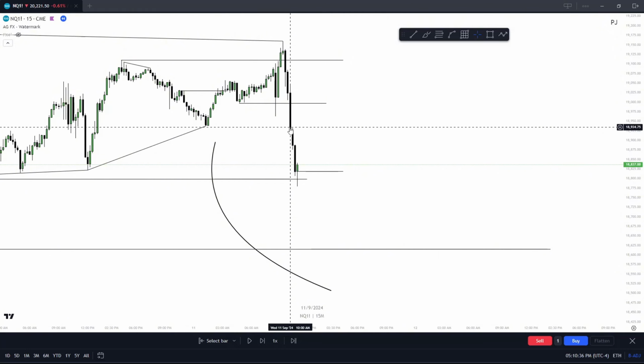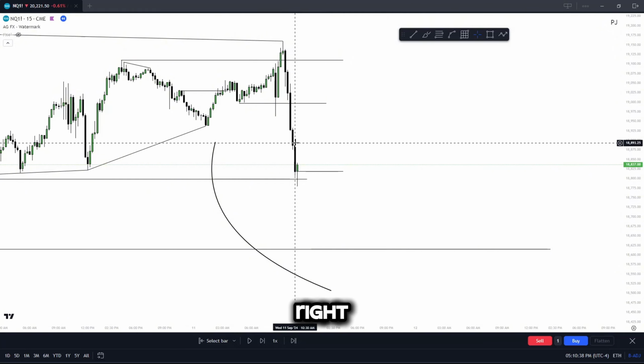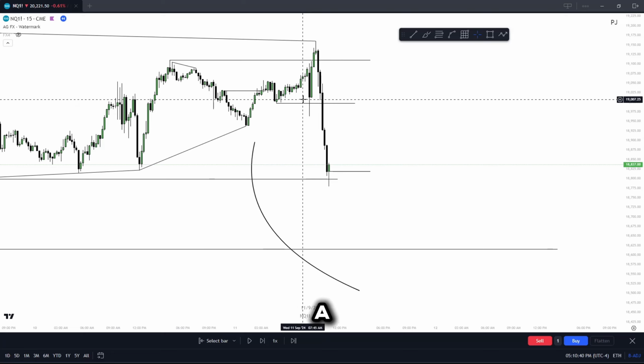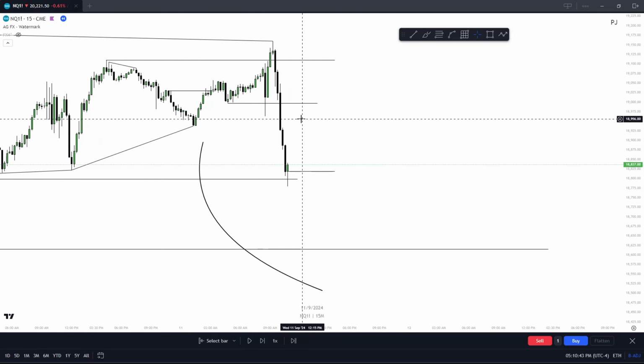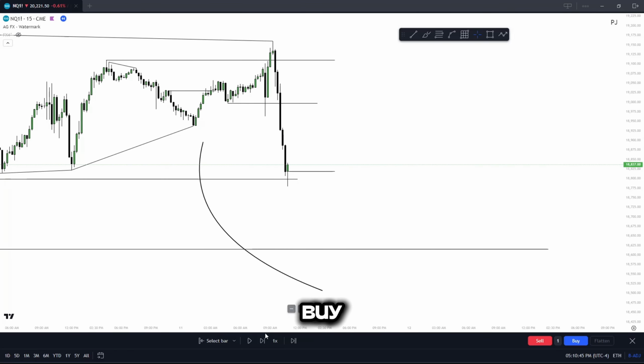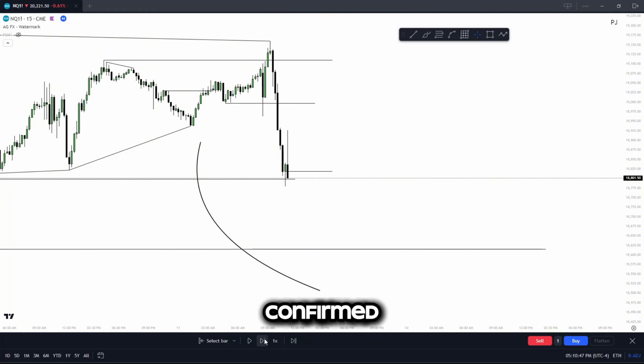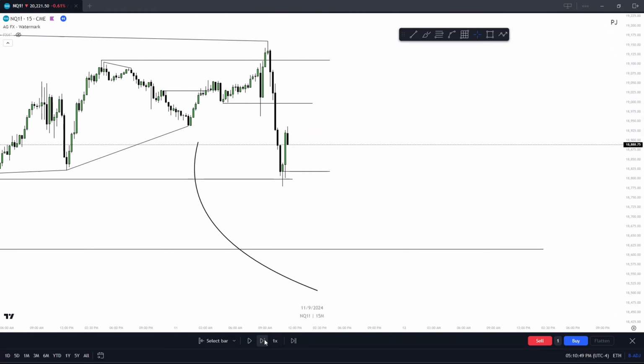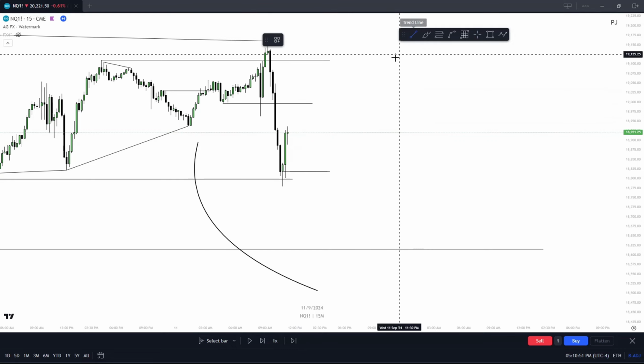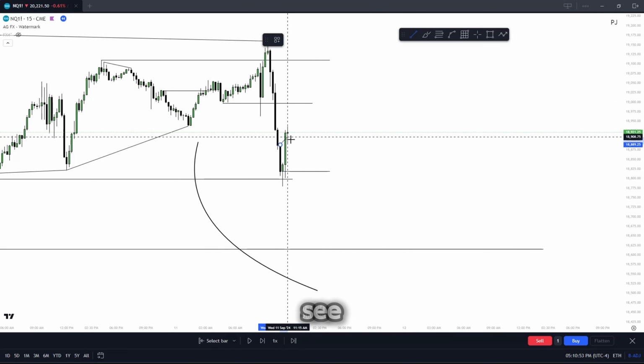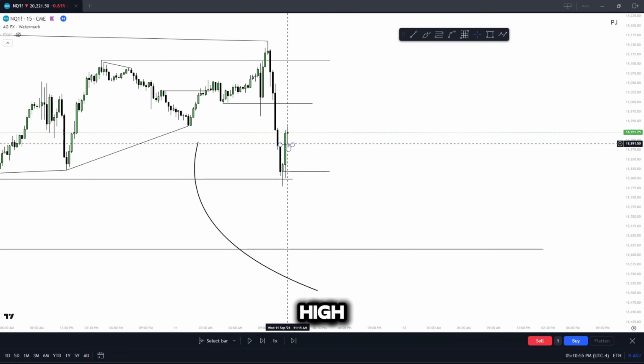and on a lower time frame, right, we have equal highs here and a lower time frame buy model. So we could buy in here, but let's get a more confirmed entry. As we see, we break and close past the high, use the high as resistance.